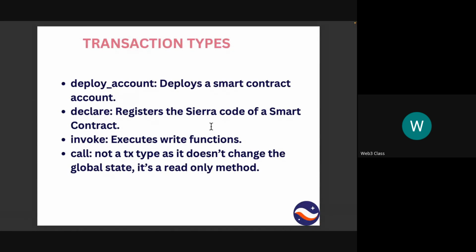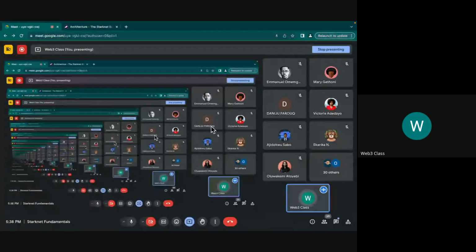Sorry. So when you see a call method, it is more like a read-only method. It doesn't consume gas, and it doesn't change the state of the blockchain. So it is not valid as a transaction type.